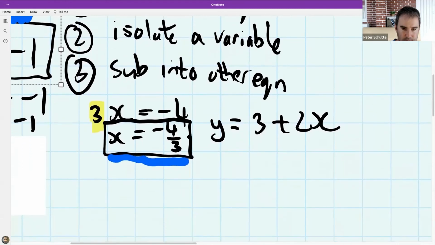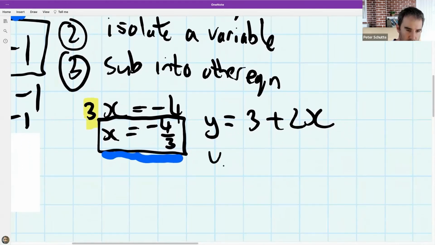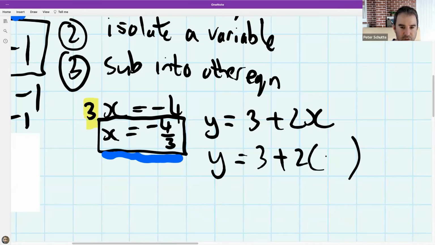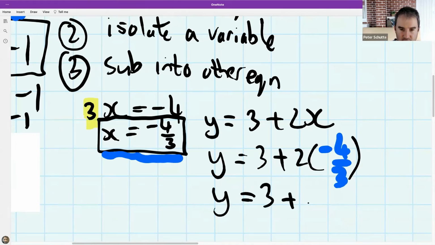Yes. Okay. And we know we have a value for x. The value for x is going to be minus 4 over 3. Now, guys, we can actually use our calculators here. I'm doing it manually because I'm doing it live for you, but you can just put it into your calculator. In fact, I've got my calculator here.